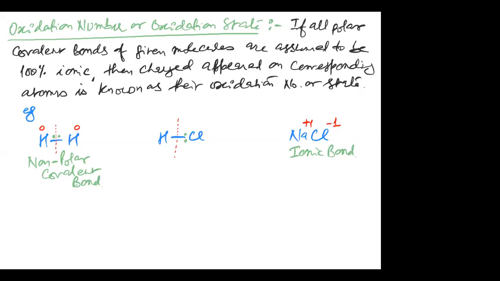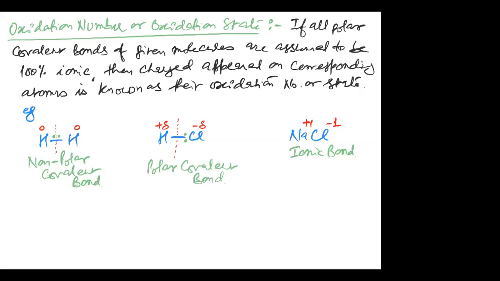Chlorine acquires a partial negative charge and hydrogen acquires a partial positive charge, delta positive and delta negative. Since it acquires poles, it is the example of a polar covalent bond.